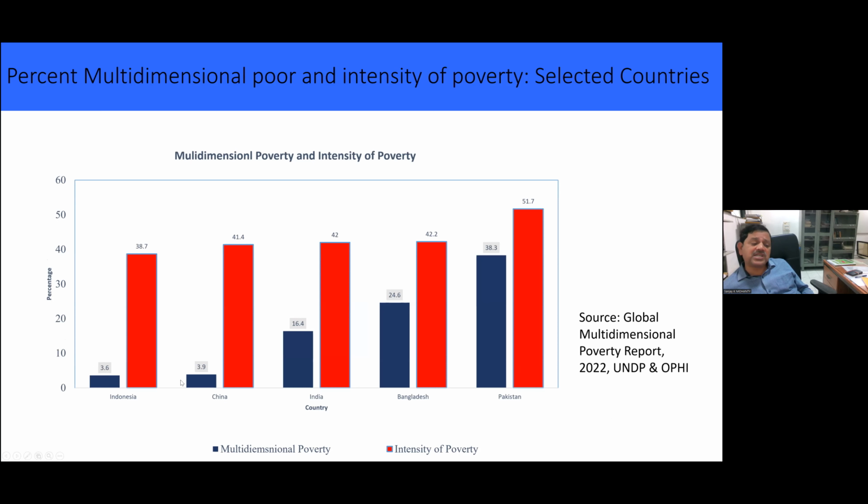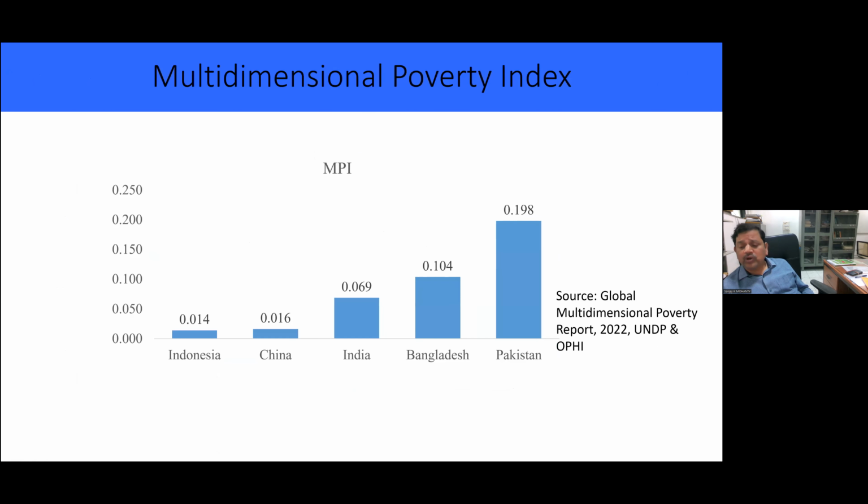In most of these countries where the level is low, for example Indonesia or China, you can see that the intensity is also a relatively high number, which means poor people are deprived in almost 40% of the indicators where they are being measured. And these numbers are also similar in the case of India or Bangladesh, a little higher in the context of Pakistan.